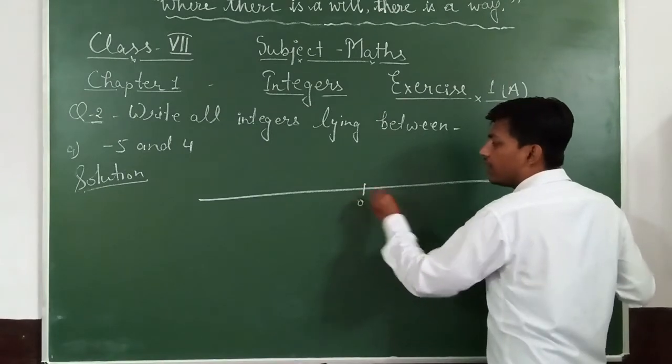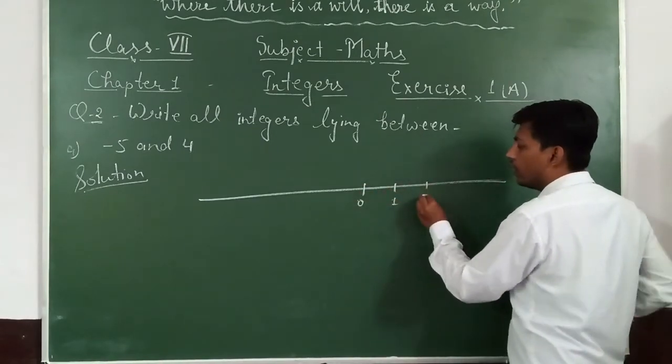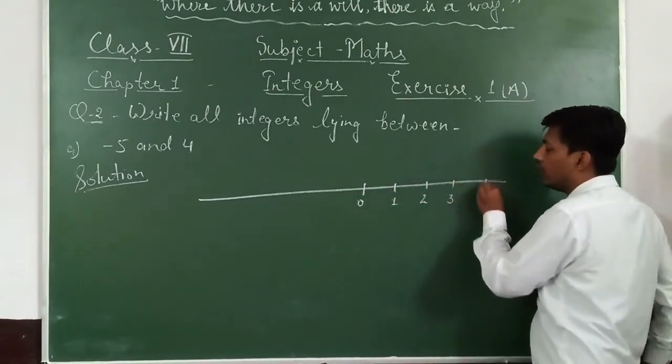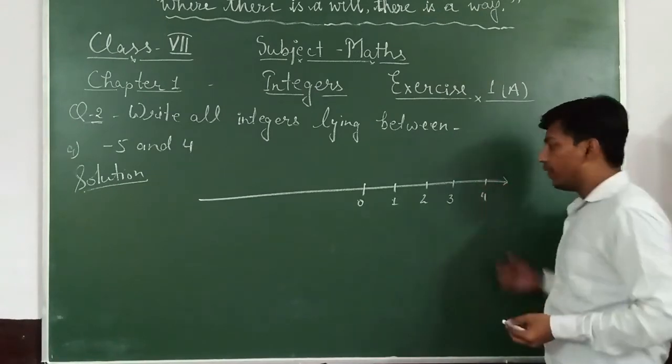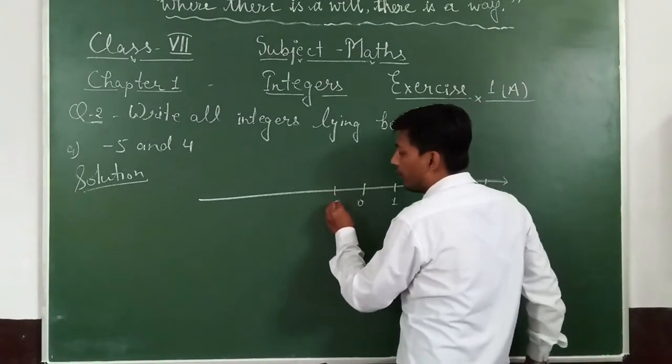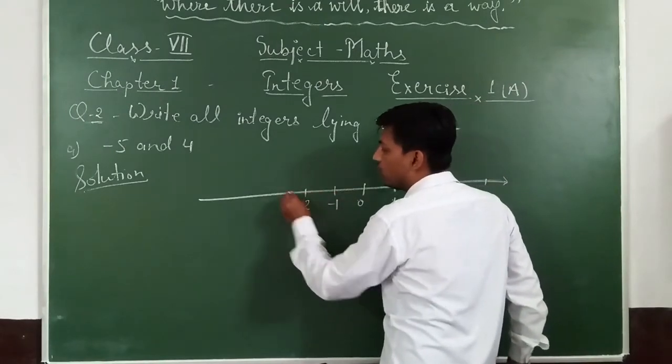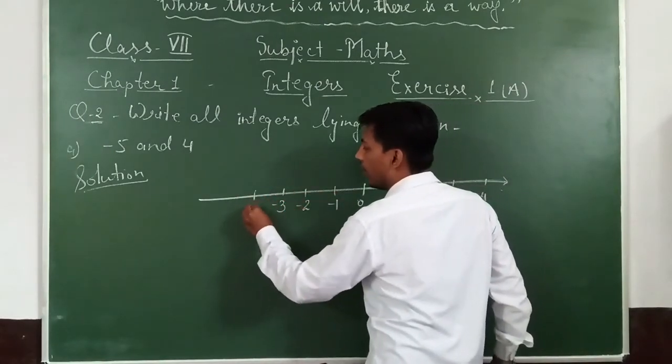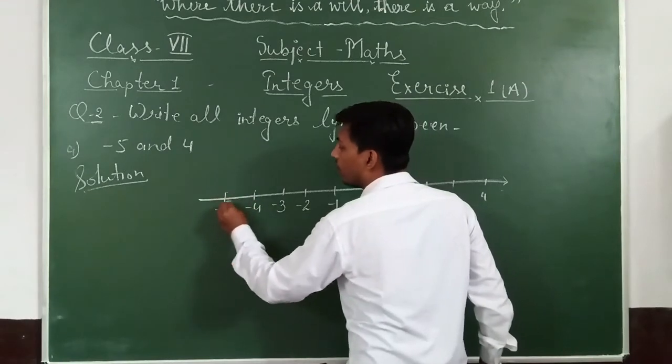First in the middle 0, 1, 2, 3, 4. And on the negative side, in the left side, we have -1, -2, -3, -4, -5.